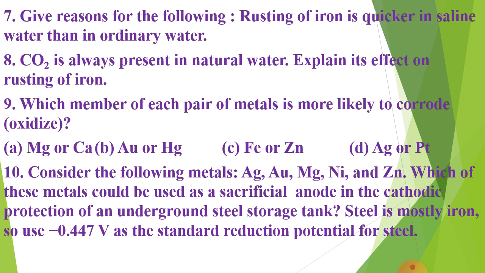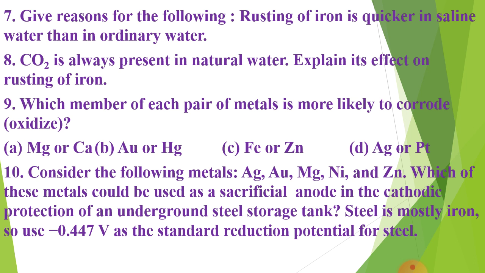Third, iron or Zn, and fourth, Ag or Pt. In each pair you have to find which is more likely to corrode, that is oxidize first. The more negative the E value, the more will be the possibility of corrosion.